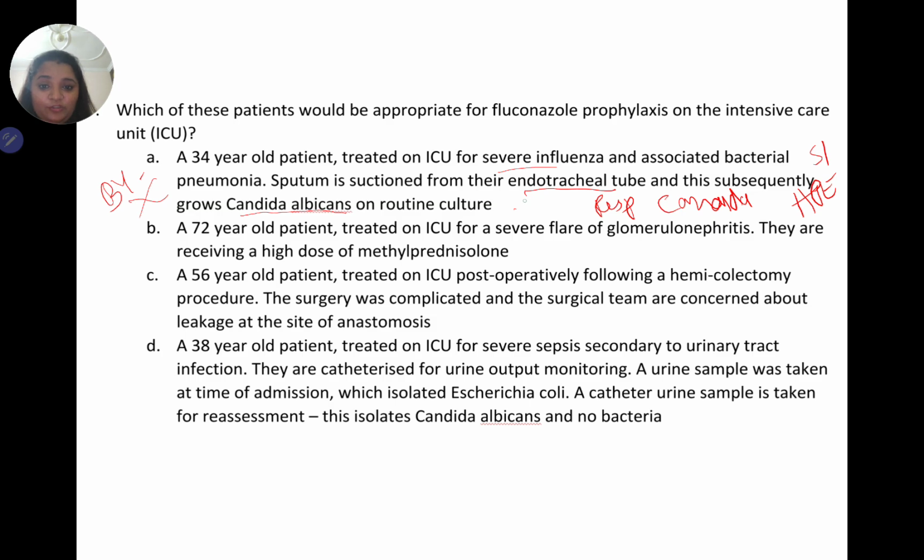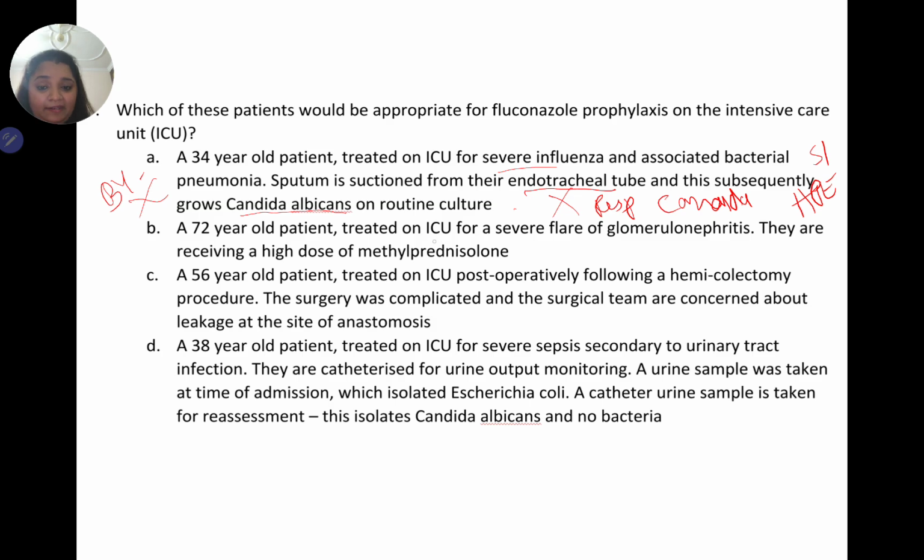So we are over-diagnosing it, and in respiratory samples, always and always ignore your budding yeast cells unless it is Cryptococcus. So obviously in this patient we are not going to treat with fluconazole prophylaxis.